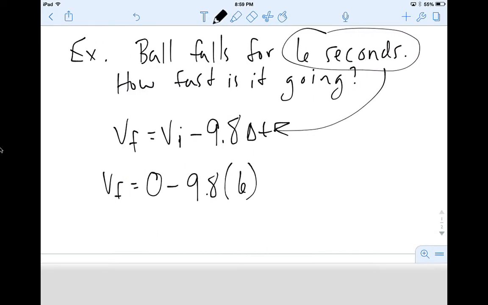That would be my answer then: negative 58.8 meters per second. You're going to see one like that in your practice.